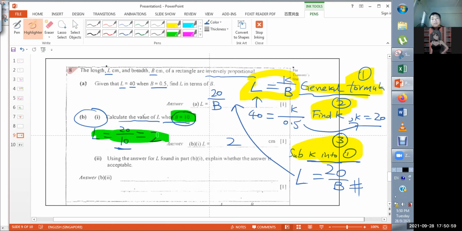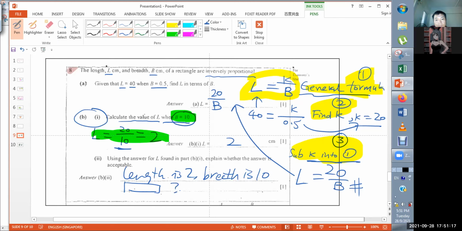Does it make sense? Length is 2, breadth is 10 for a rectangle. Does it make sense? Yes.